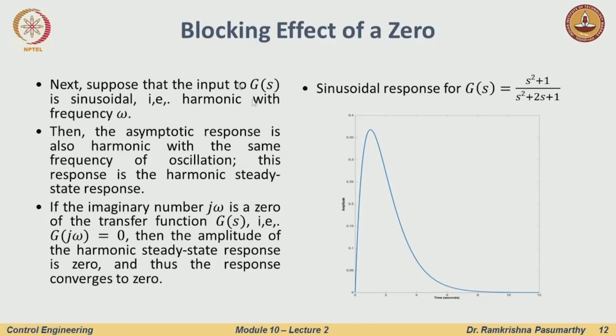Okay, next, what happens when I have a sinusoidal input? If the input is sinusoidal with some frequency omega, and the imaginary number j omega is a 0, then of course minus j omega will also be a 0.